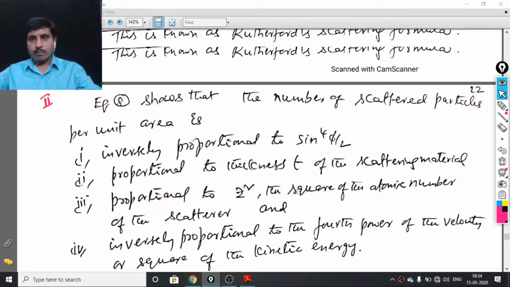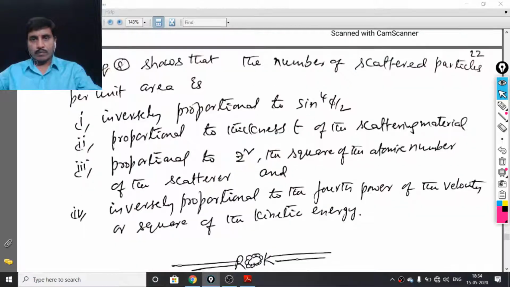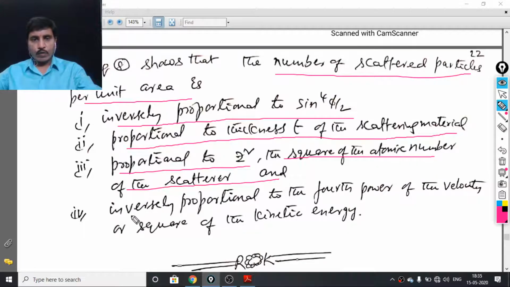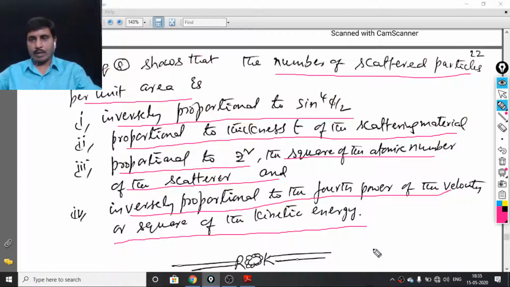The Rutherford scattering formula given by equation 8 shows that the number of scattered particles per unit area is inversely proportional to sin power 4 phi by 2, proportional to the thickness t of the scattering material, proportional to z square, the square of the atomic number of the scatterer, and inversely proportional to the fourth power of the velocity of the alpha particle or the square of the kinetic energy of the alpha particle.